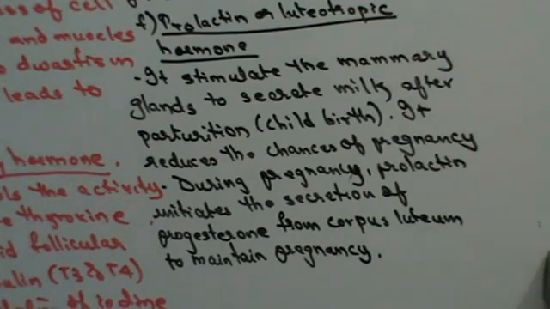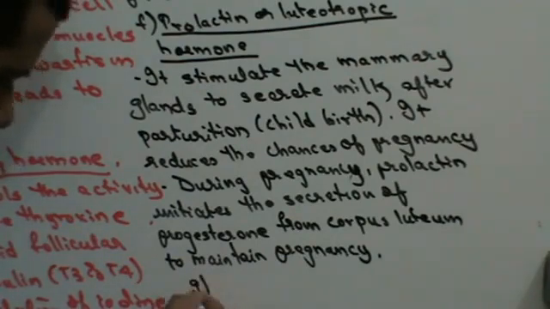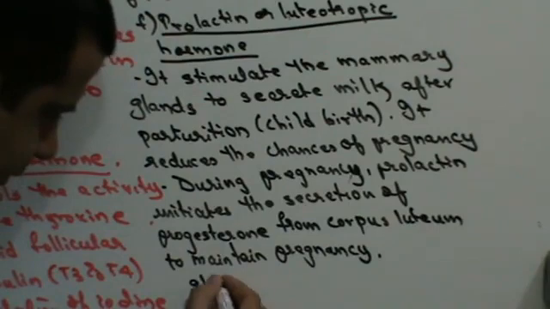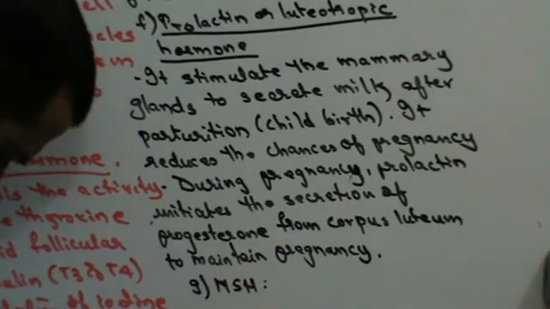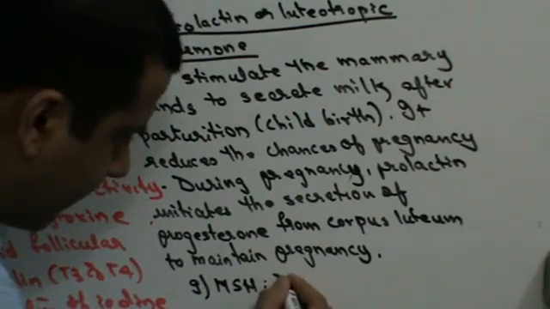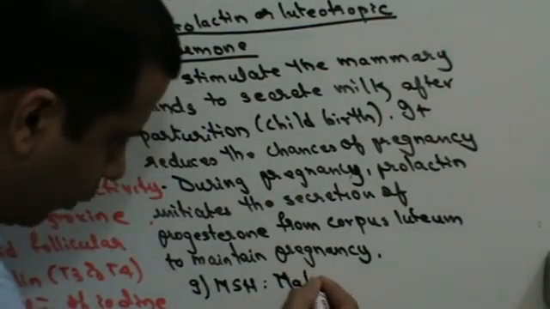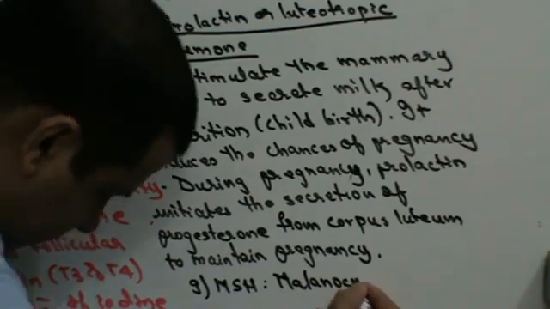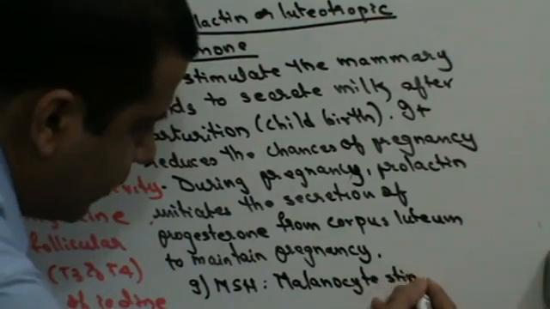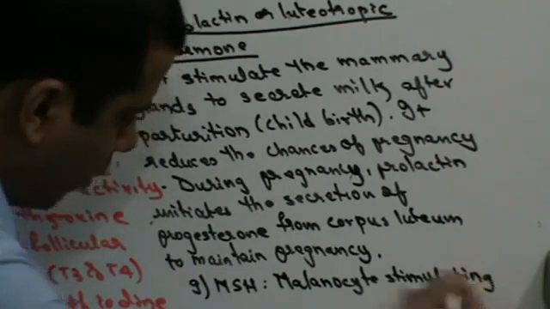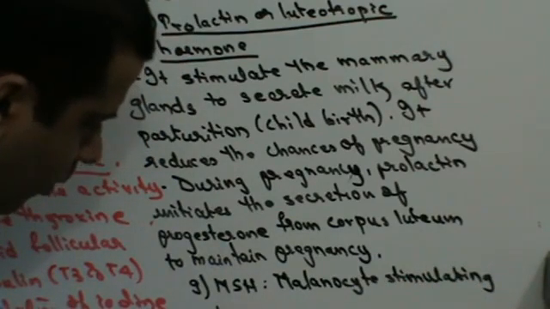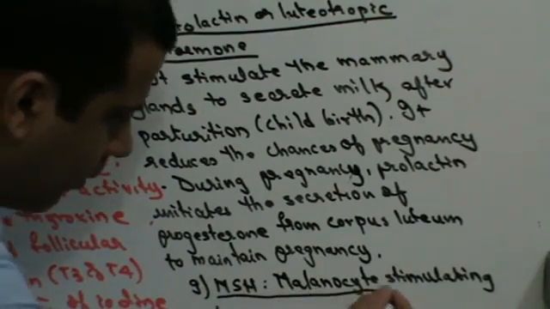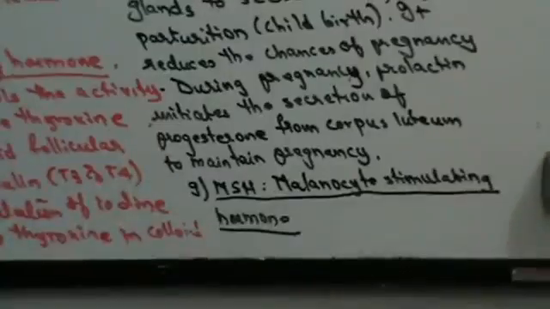Right? So we've done 6. The 7th hormone is the MSH. MSH is also called melanocyte stimulating hormone. The melanocyte stimulating hormone. That's the 7th hormone that is secreted by the anterior pituitary.